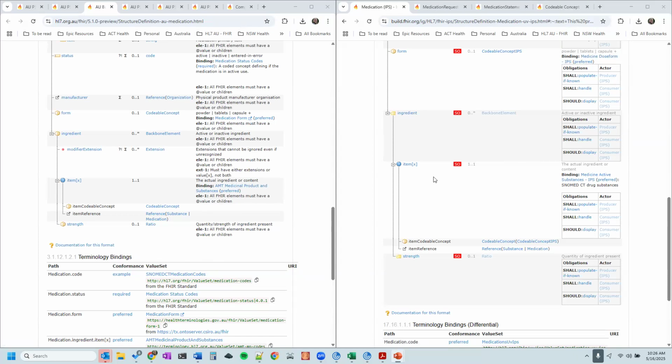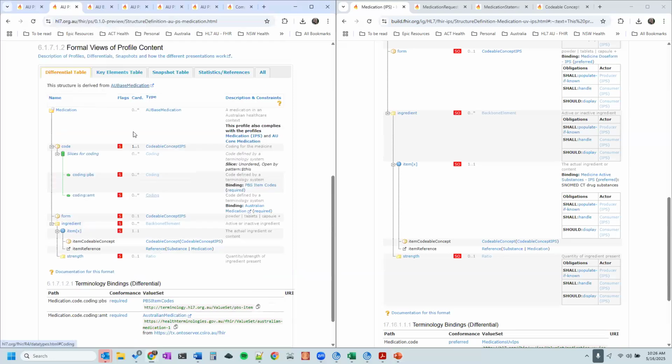Well, we're already inheriting from base. If you go back to the PS profile, we're deriving from base, but in theory, we should also conform to IPS. I think the principles are clear about what we should be doing. What I'm asking is whether we want it to be stronger than preferred.